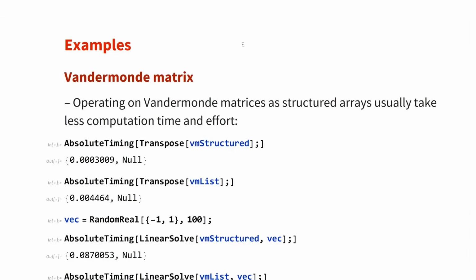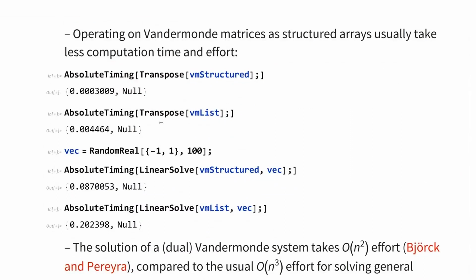The other point is that your computation, like you saw earlier on the identity matrix, will typically take a lot less time. The transpose works quickly compared to the non-structured version. If you try a linear solve, that works much faster as well.